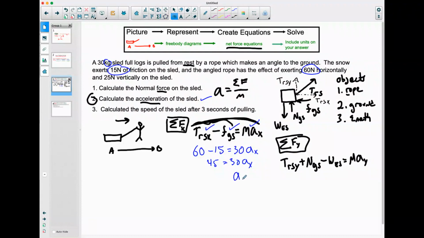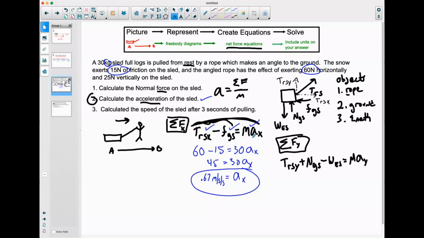And so a sub x, which is the horizontal acceleration, will be 0.67. And then we need units, meters per second, which is the units for the acceleration. And so that is how we would use the net force equation to solve for the acceleration.